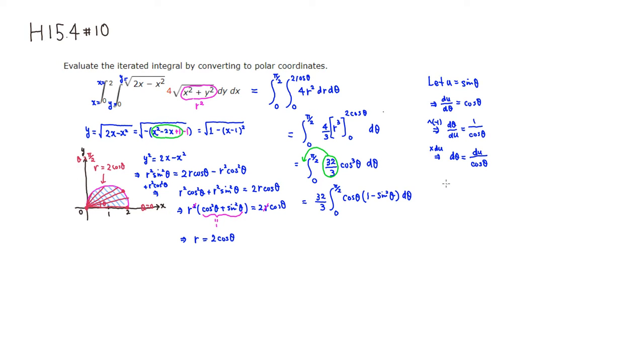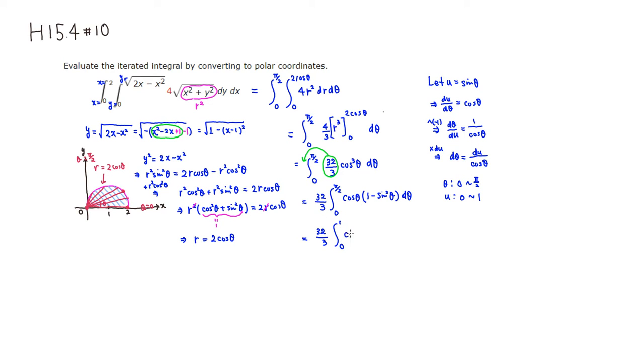The bound is theta going from 0 to pi over 2. So u is going to be sine of 0, which is 0, and sine of pi over 2, which is 1. So this integral becomes 32 over 3 times the integral from 0 to 1.